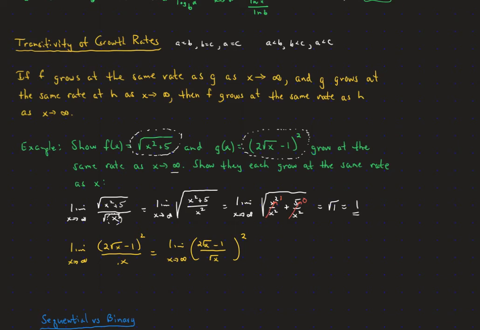And then we can think of that as being the limit as x goes to infinity of, and then we can separate that out and call that 2 square root of x over square root of x minus 1 over square root of x, that whole thing squared still.